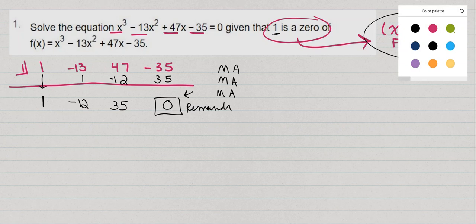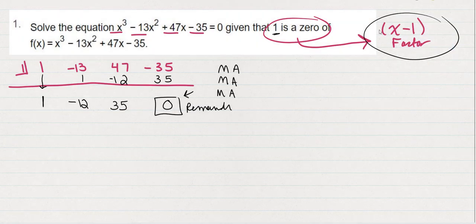I could say that this x minus 1 is one factor, and what is the other factor? If I divided x cubed minus 13x squared plus 47x minus 35 by x minus 1, I started with an x cubed, so when I divide out an x of 1 degree, the piece that's left is a second degree, so we have x squared, x, and then the constant 35. So what does this give me?